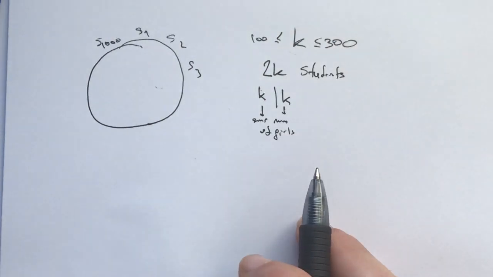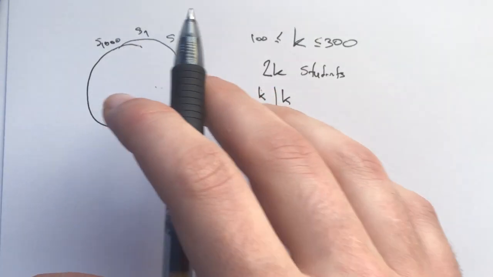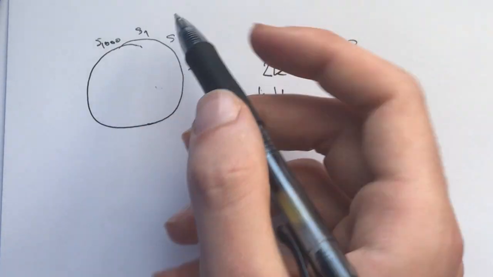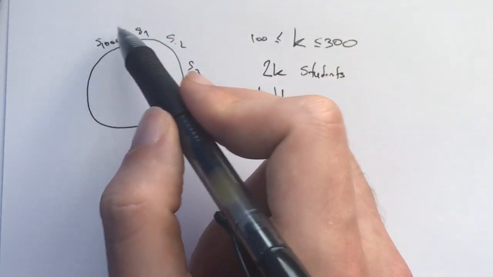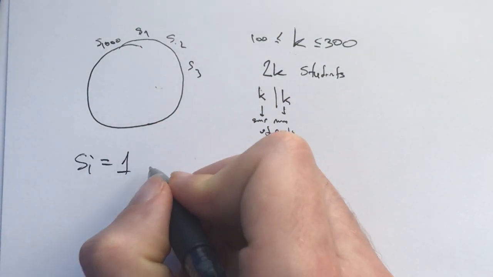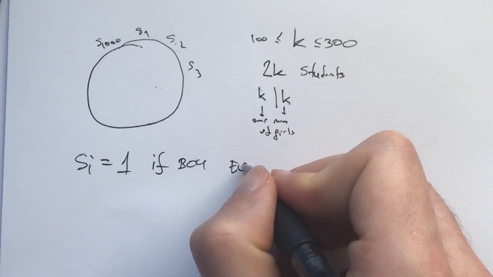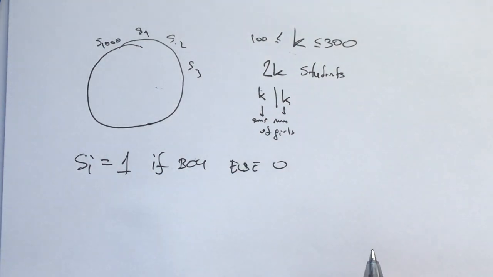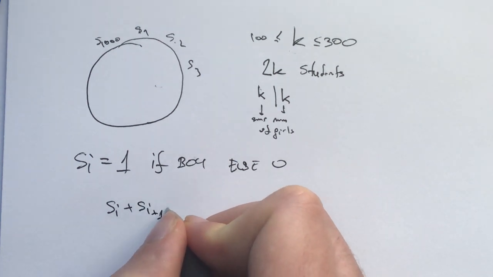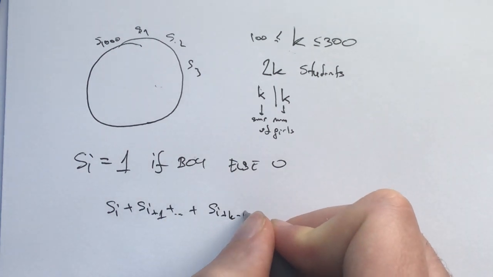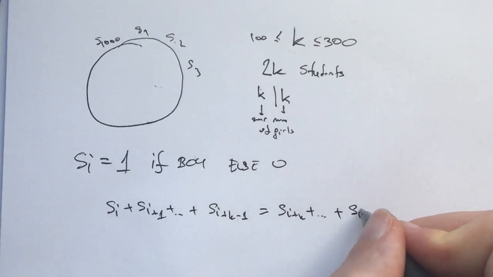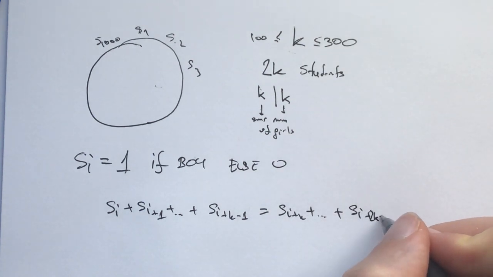Now, the easiest way to make this algebraic, to make it concrete, is to call these students S1, S2, all the way till S1000, and Si is equal to 1 if boy, else it's a 0. That way, the condition is that S(i+1) plus ... plus S(i+k-1) is equal to S(i+k) all the way till S(i+2k-1).